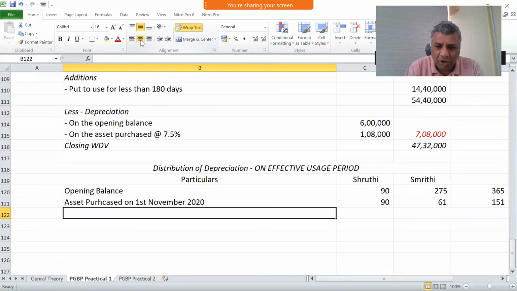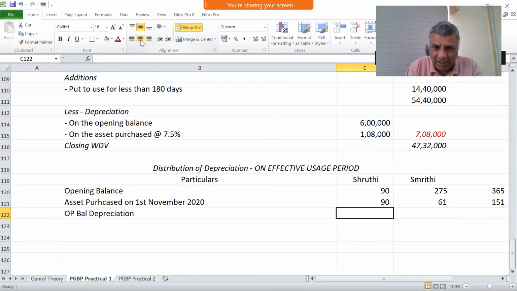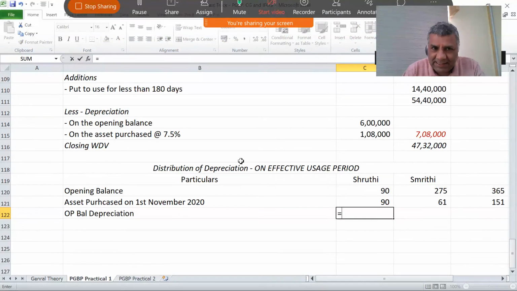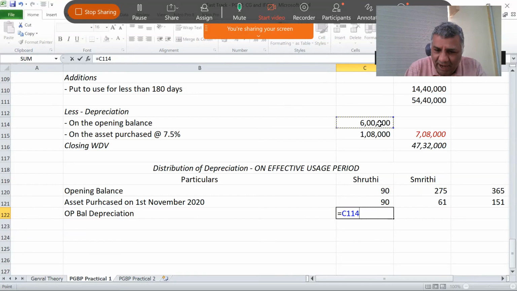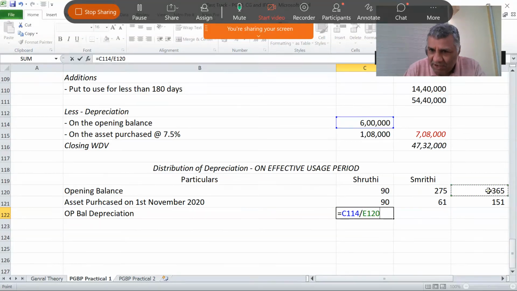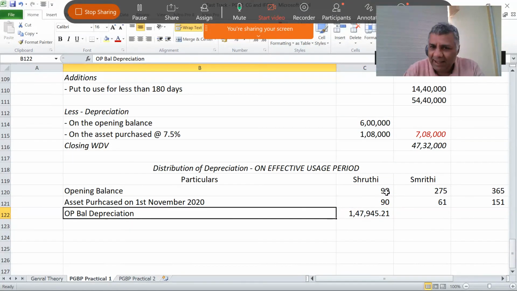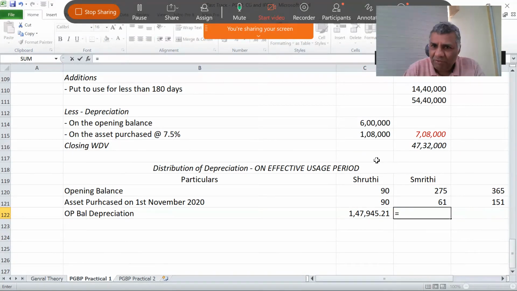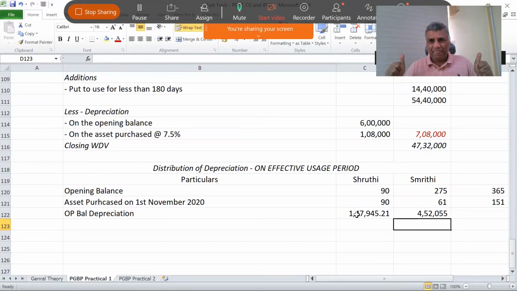So, opening balance depreciation, that is 6 lakhs divided by 365 into 90. Whereas Smriti can claim the balance. I hope you are following. Very big nuances involved here.